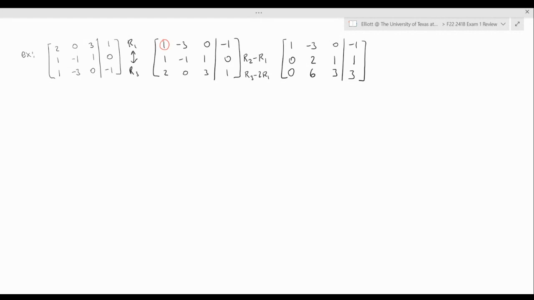So can we also do negative row 2 plus row 1? To solve a system of equations, those are okay to do. However, I would be a little bit cautious about doing things like that when you're doing the LU decomposition.